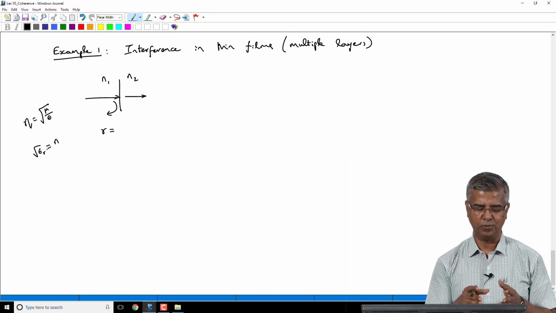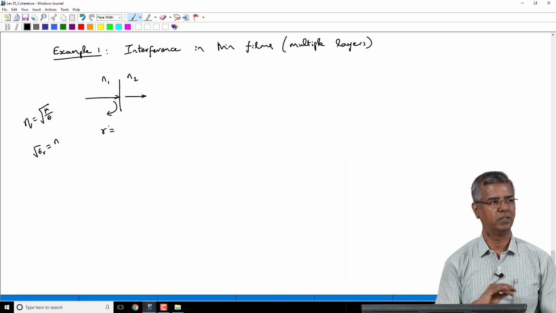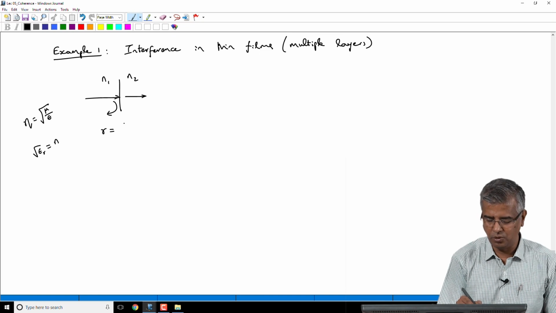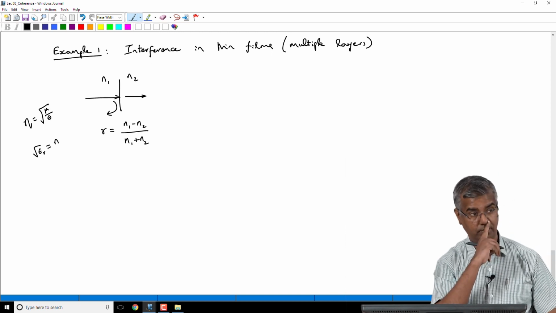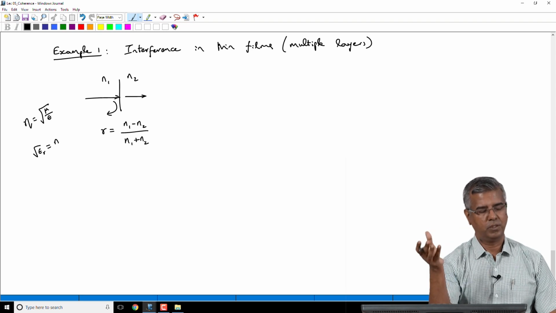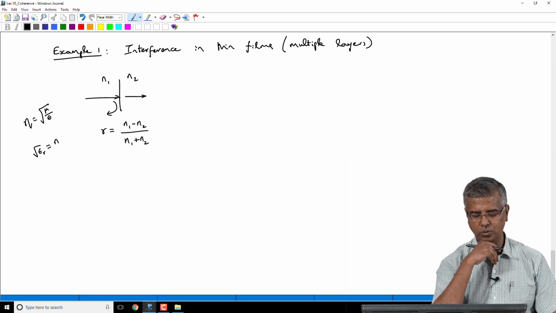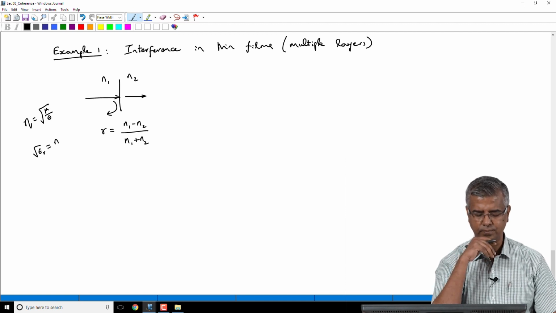Okay. But if you substitute all these terms, what you will basically find is, if mu is the same for both regions, then you get n1 minus n2 divided by n1 plus n2, right. Whatever we learnt in terms of wave impedance, we are just bringing it into in terms of the refractive index.